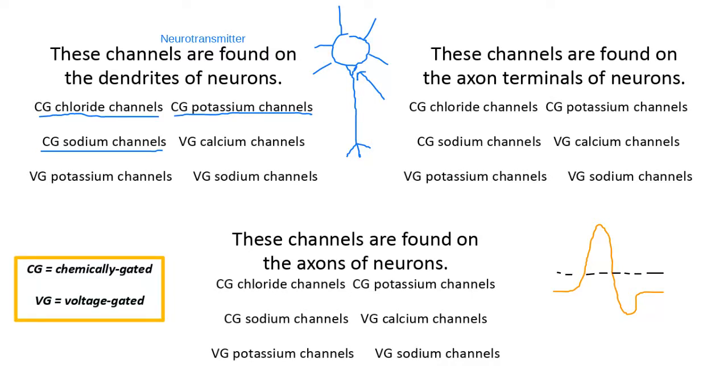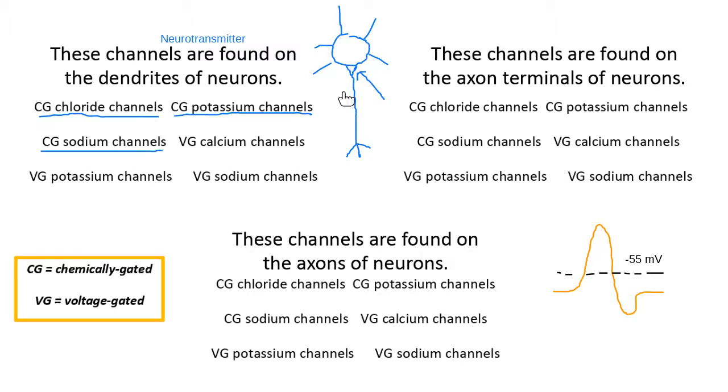You told me accurately that threshold is negative 55 millivolts. Negative 55 millivolts is a charge, or it's a voltage, where I start opening up voltage-gated channels. Voltage-gated channels are what's going to help me to get a message all the way down my axon.